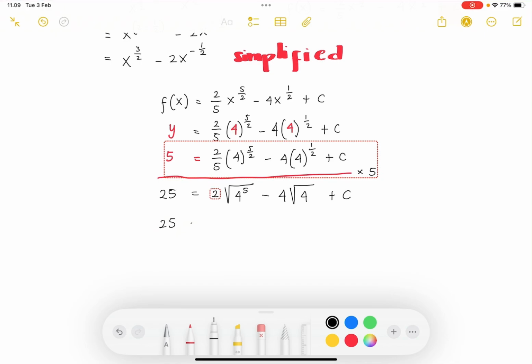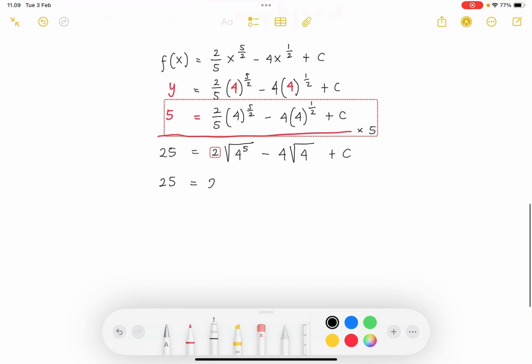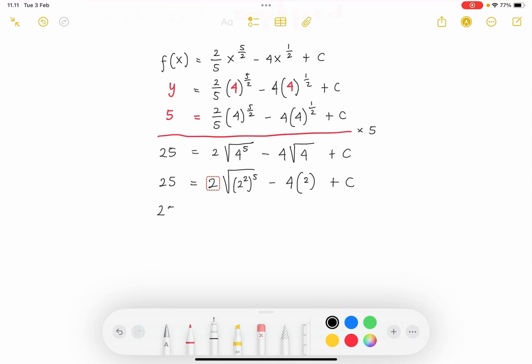Okay, together we will find 2 here, 4 to the power of 5. For the square root of 4 to the power of 5, we can write it as 2 to the power of 5. Here, 4 times square root of 4, square root of 4 is 2. Okay, continue.